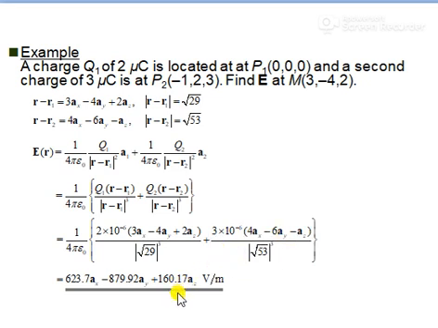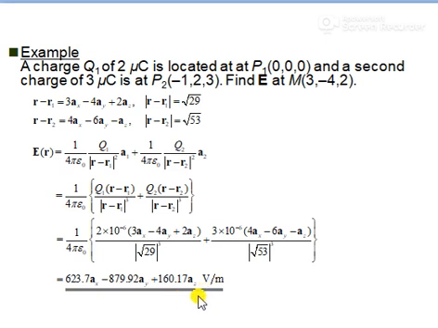Hence finally we get the result as 623.7 ax minus 879.2 ay plus 160.17 az volt per meter.